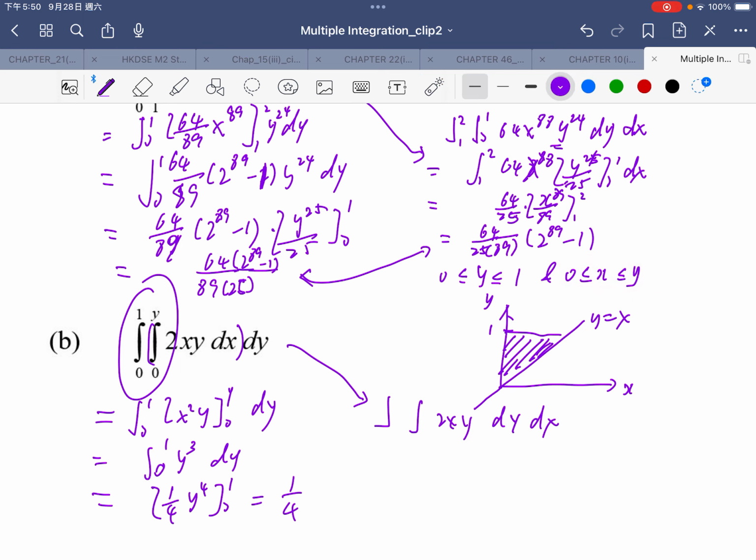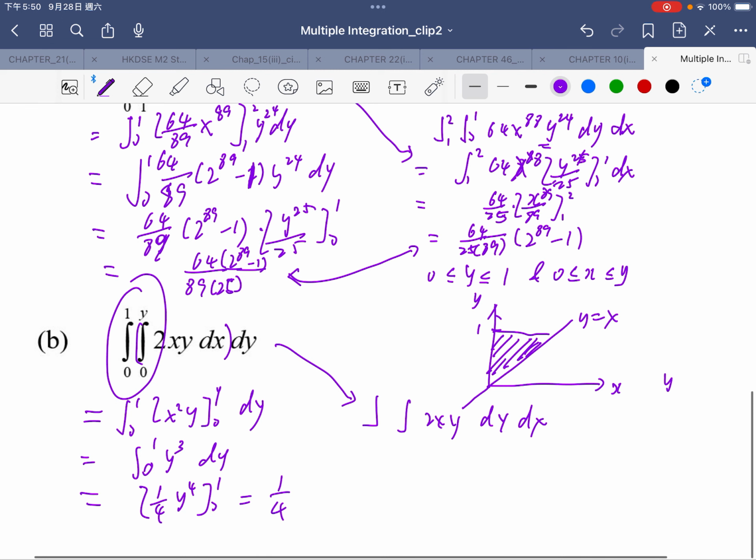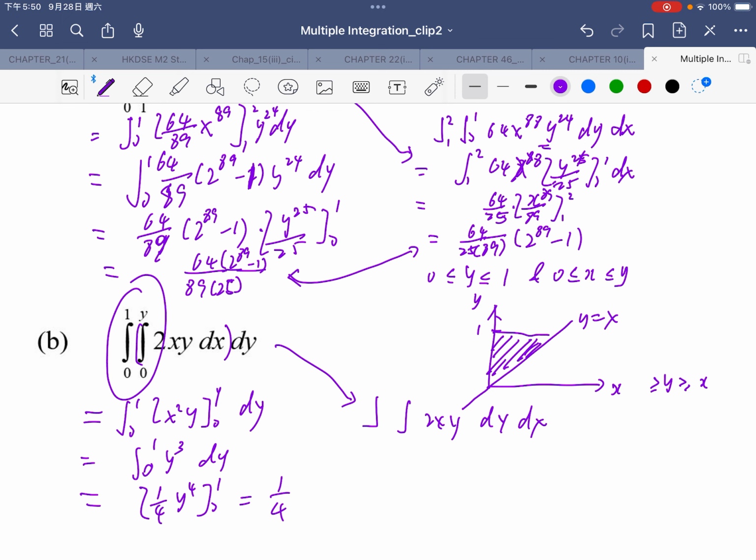That means y is always greater than x, but y is smaller than 1. Therefore, if we integrate y first, we have to change the domain to x to 1. And for the value of x, it is 0 to 1.